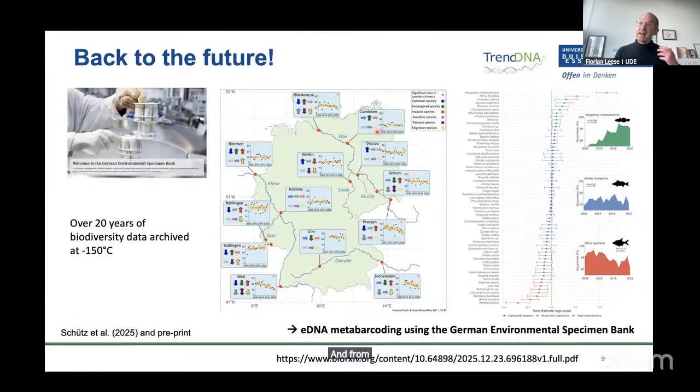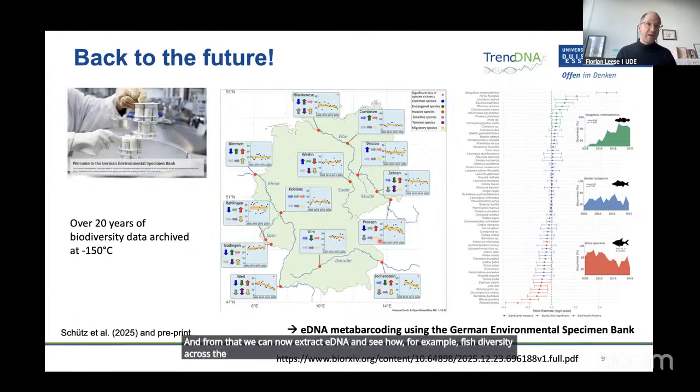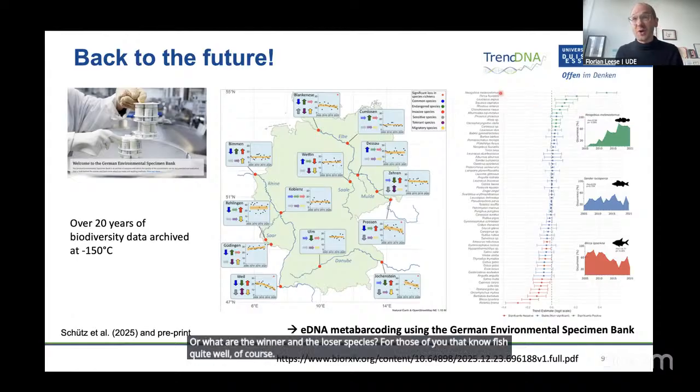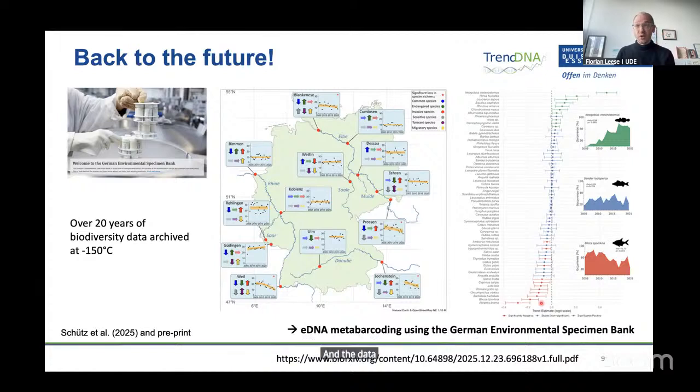And from that, we can now extract eDNA and see how, for example, fish diversity across the major river basins changed. Or what are the winner and the loser species? For those of you that know fish quite well, of course, the gobies are here on the top, many of which come from the Black Sea region. And then we have a few ones which are really the losers at the moment. And the data is very compatible and consistent with the traditional red list monitoring.